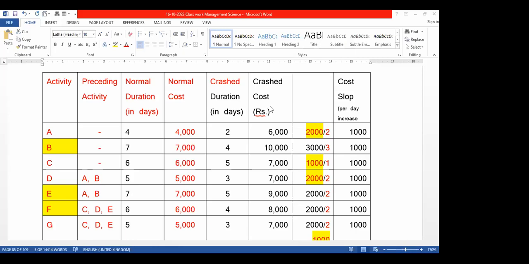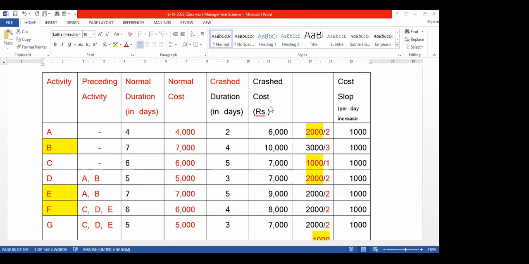While we are crashing, we have to consider two parameters. One is the duration, the other is the cost. The cost also has two aspects: the direct one and the indirect one.